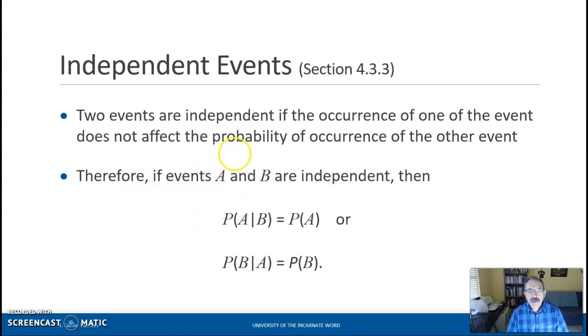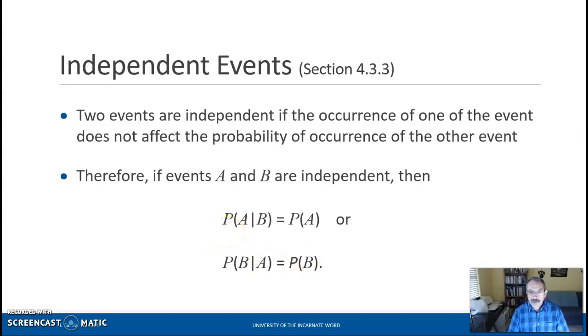If I wanted to calculate the probability of A given B, B doesn't have any effect on the probability of occurrence of event A. So this will be simply the probability of A, or vice versa. If we want the probability of B conditioning on the event A, this will be just the probability of B, because conditioning on A does not affect the probability of occurrence of B, because they are independent.